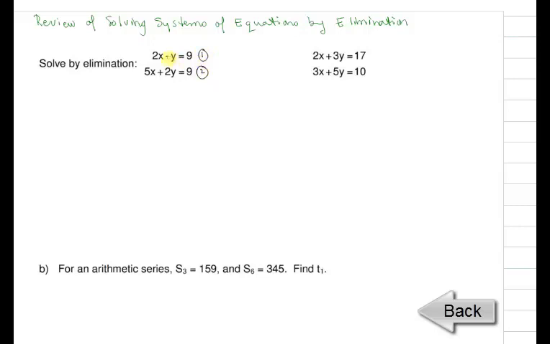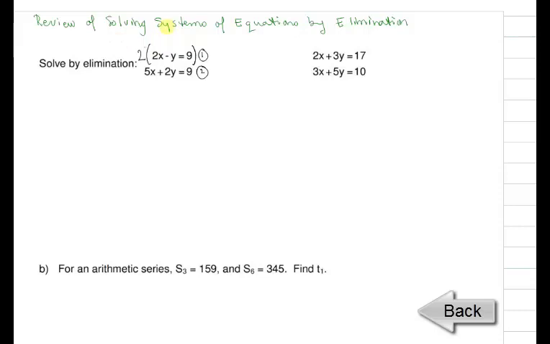On equation 1, my coefficient in front of the y is -1, and I can give it the same coefficient as my second equation simply by multiplying my first equation by 2, right? Now granted, when I multiply through by 2, I'm going to get -2 instead of +2, but that's okay, because if my signs are opposite on my y's, then to eliminate the y, all I have to do is add. Okay, so that's going to be easier.